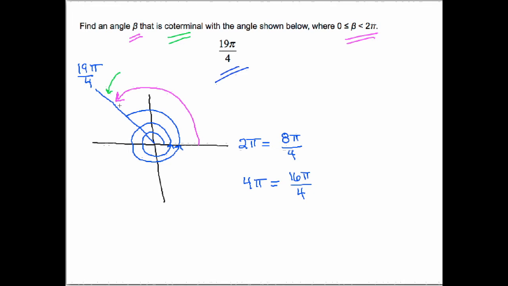Well, that rotation would be whatever 19 pi over 4 was, minus that rotation out to the positive x-axis when we rotated 2 full revolutions. So minus 4 pi, or 16 pi over 4. That rotation is 3 pi over 4. So my angle beta is 3 pi over 4.